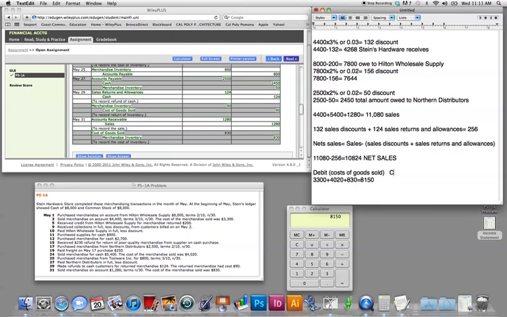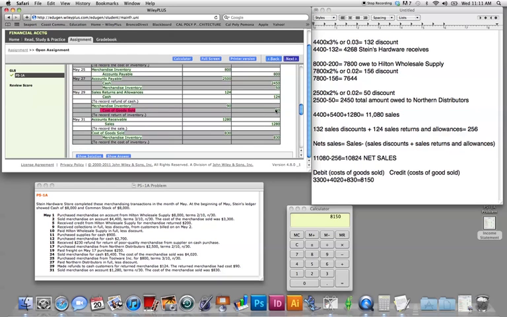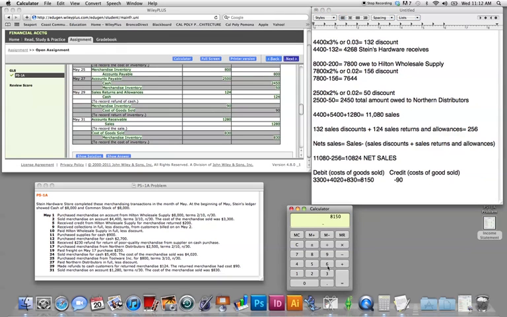Now we have to do the credit cost of goods sold. And our only credit one we had was a $90 credit on May 29th. So we had to take out the cost of goods sold of that $90. So we would do minus 90.